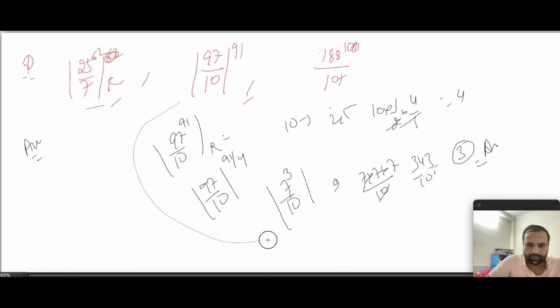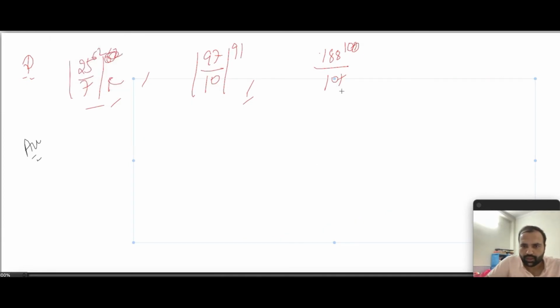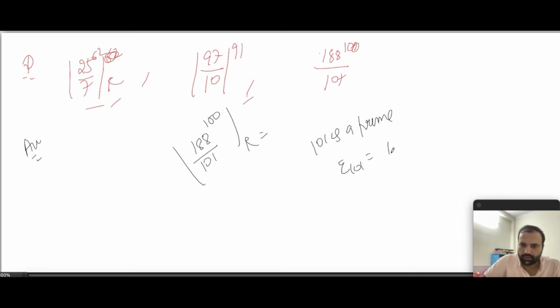And the last one is 188 by 101. We need to find the remainder. 101 is prime, so Euler of 101 equals 100.